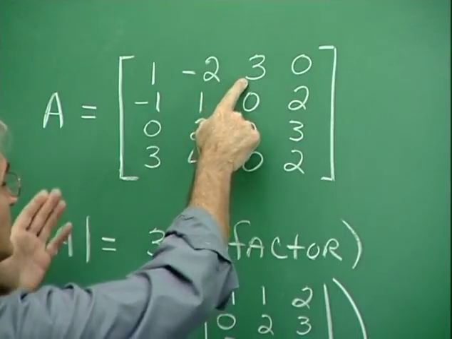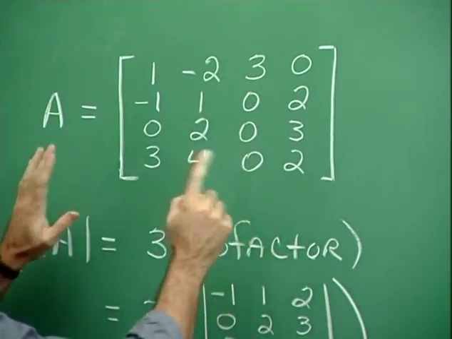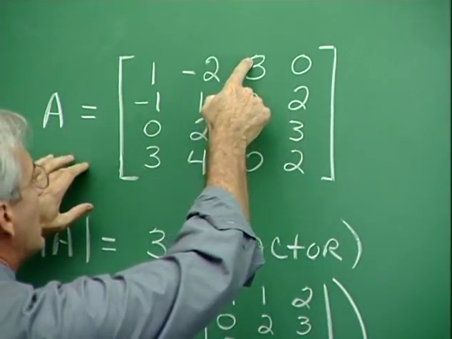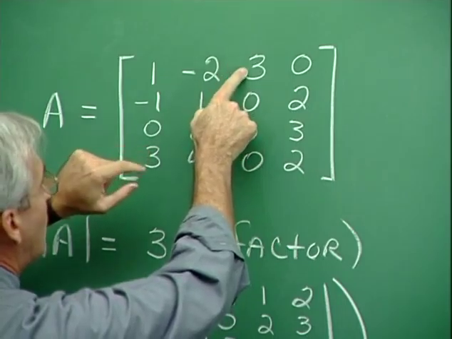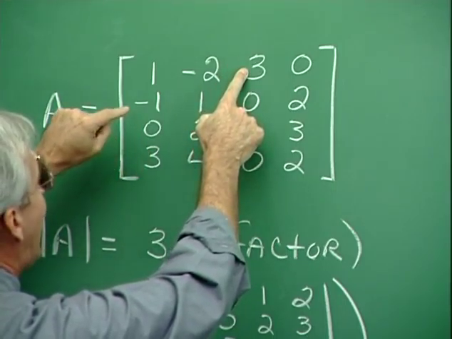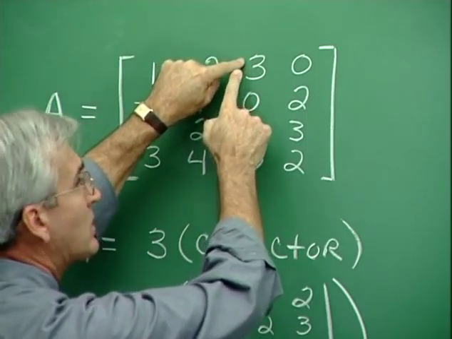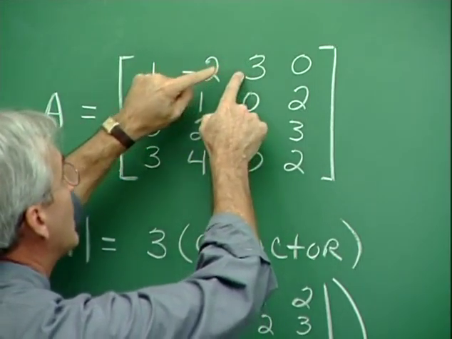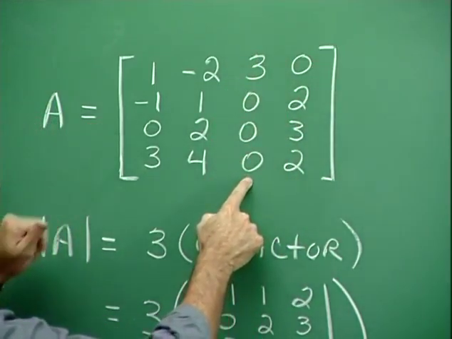So it's 3 times its cofactor. Now, the cofactor is the determinant, and we have a sign situation here to deal with, too. Notice that for the 3, the sign pattern is plus, minus, plus.